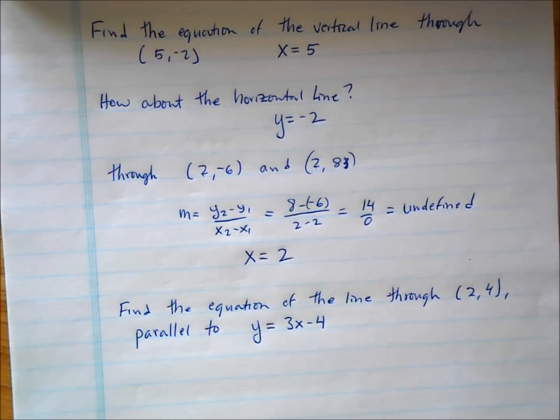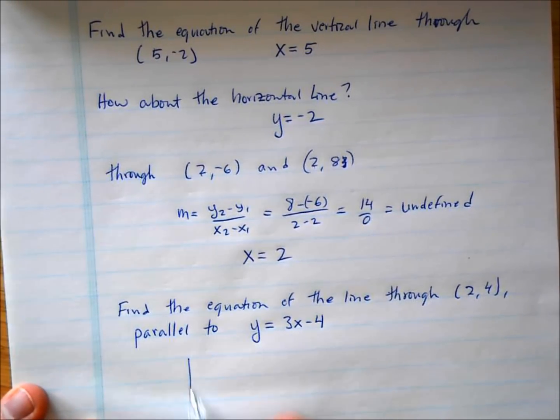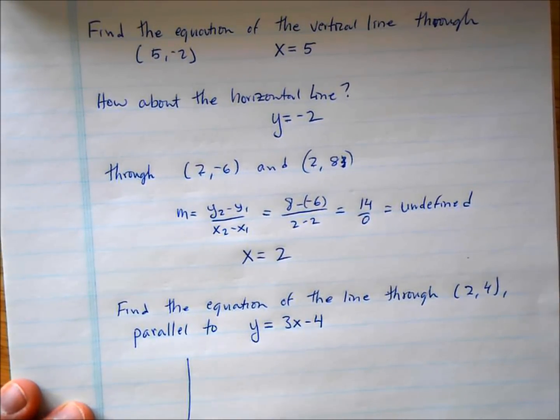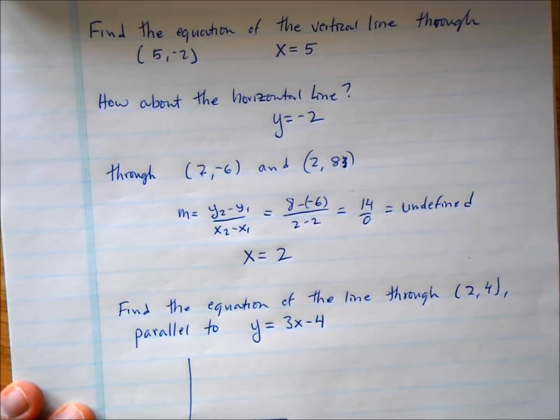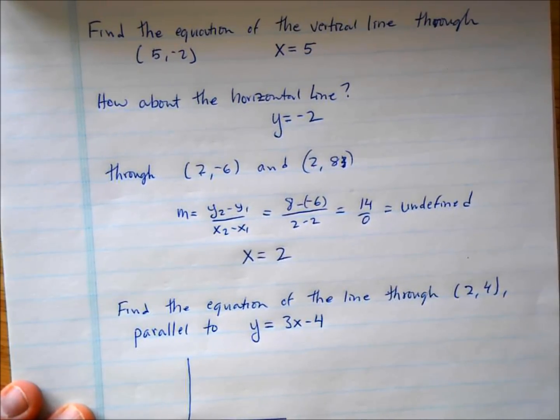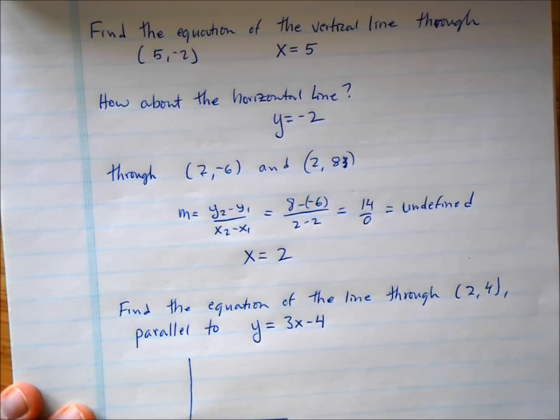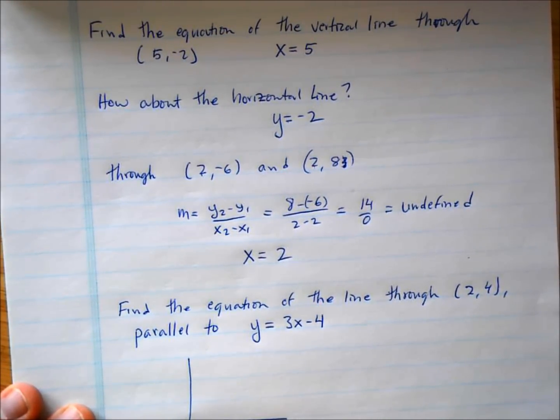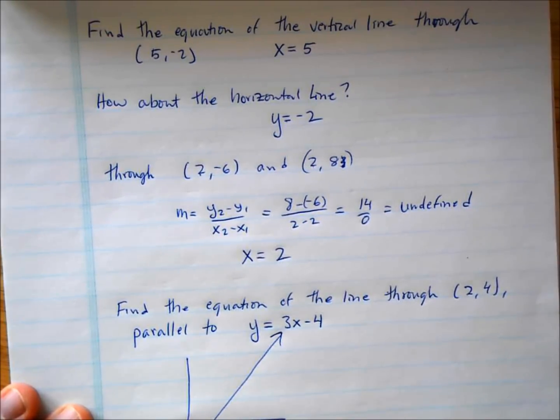Now you need to know something special about parallel lines. And this is pretty easy to explain. Most people will tell me parallel lines are lines which don't cross. And they would be correct. So this line here, y equals 3x minus 4, would look something like this.